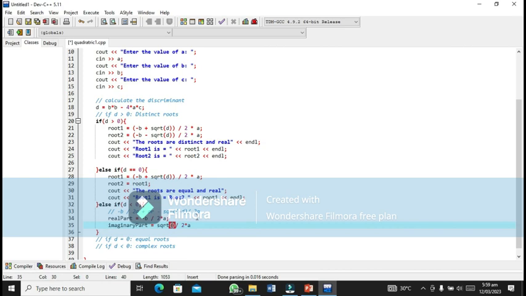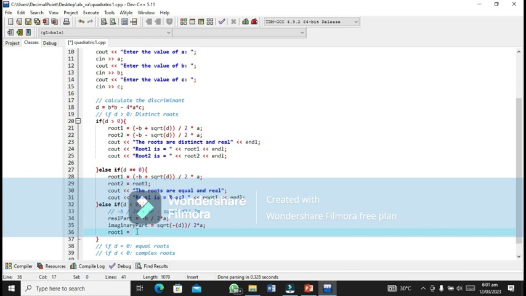That is just the trick in solving it. So we now have minus d as our imaginary part. Since we now have it, we can calculate for our root 1. Remember that this is an imaginary part, so when displaying the output, we need to specify it to the user so that the user knows that this is the imaginary part.